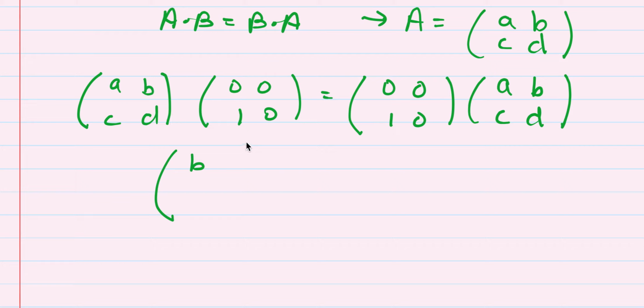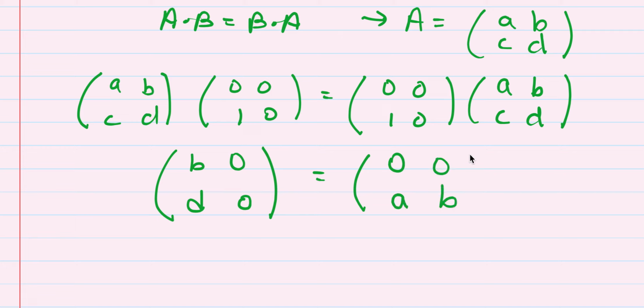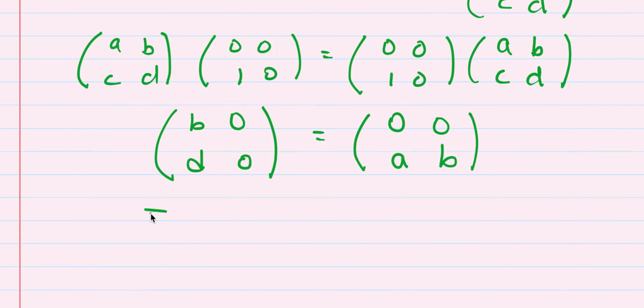B, 0, D, 0 is equal to 0, 0, A, B. Okay, this tells us that B is equal to 0.